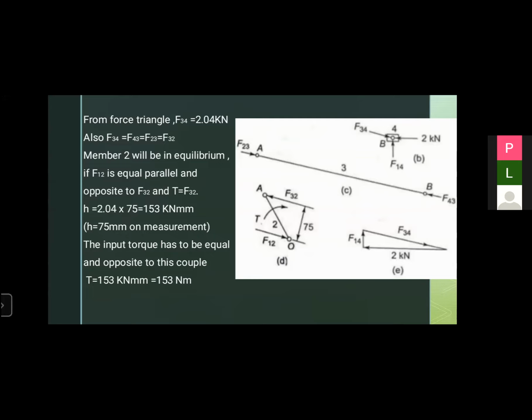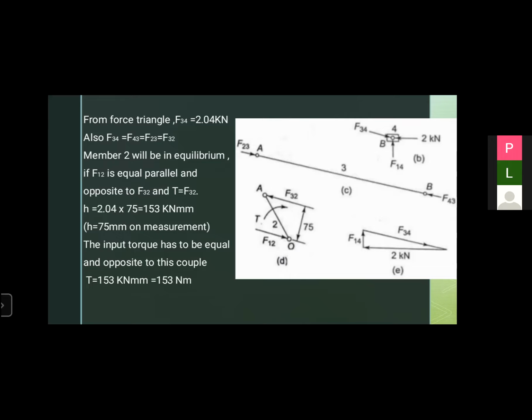And from the other side of the 2 kilonewton line, an F34 force is drawn for the given angle, and the meeting point is marked, and we get F34 equal to 2.04 kilonewton. From this, it is very evident that F34 is equal to F43, which is equal to F23, which is equal to F32.